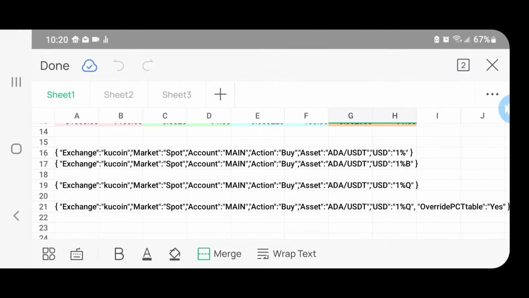On row 16 and 17, base currency volume association. Now for these, I'm using ADA for the example, but of course it works with any coin you want.